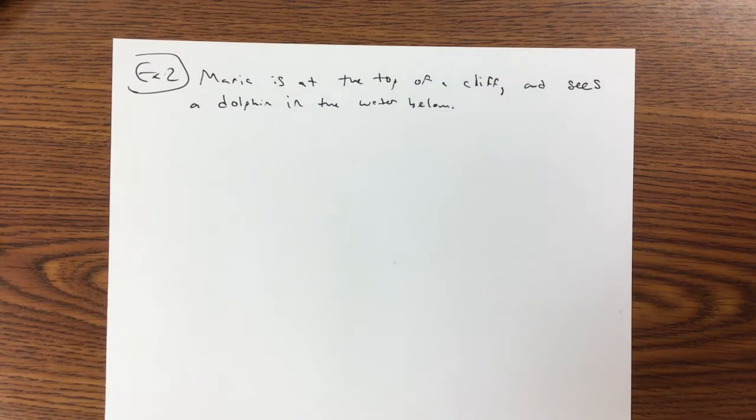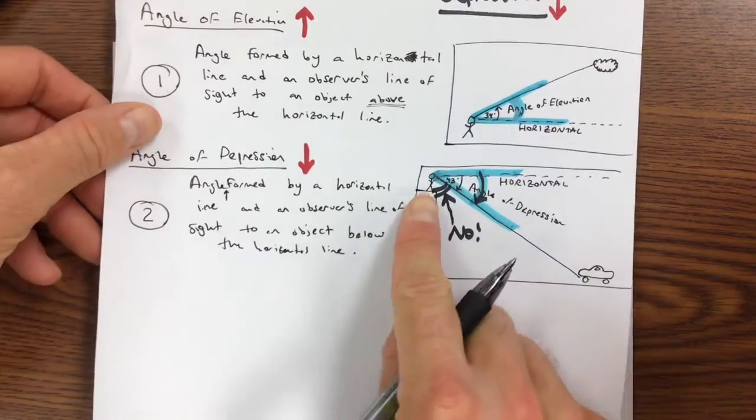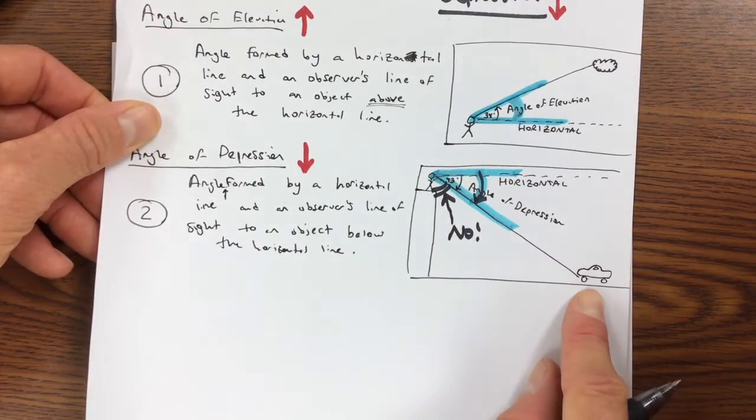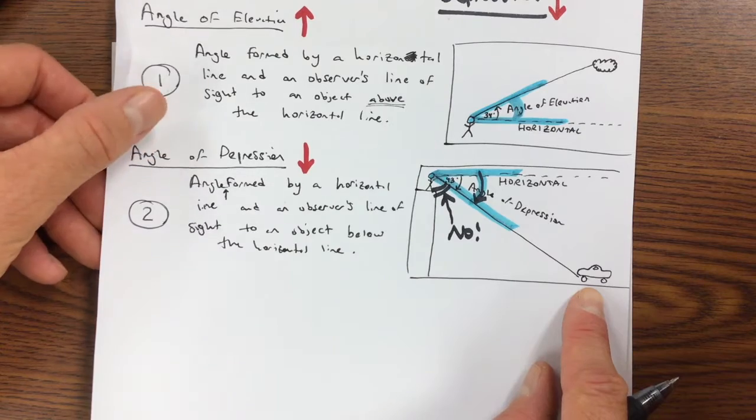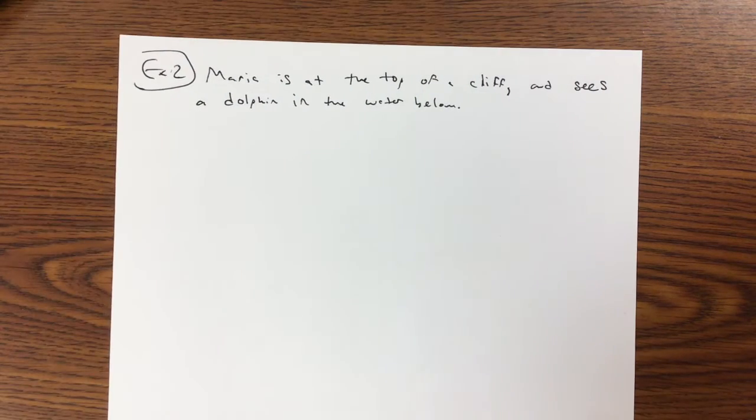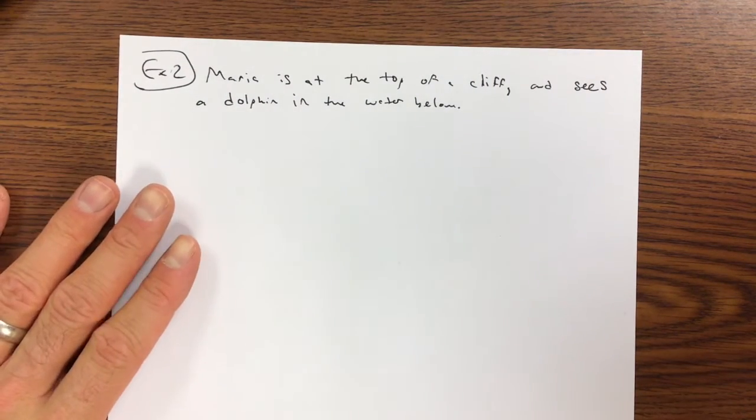So it's one of these situations where we have someone up top, they're looking down at a dolphin or a car, but she's on a cliff and sees a dolphin in the water below.